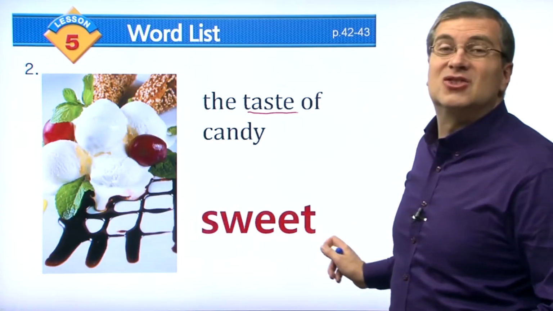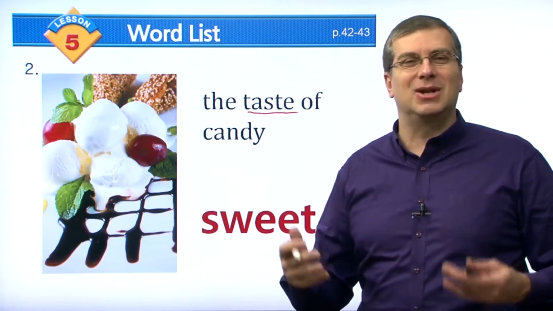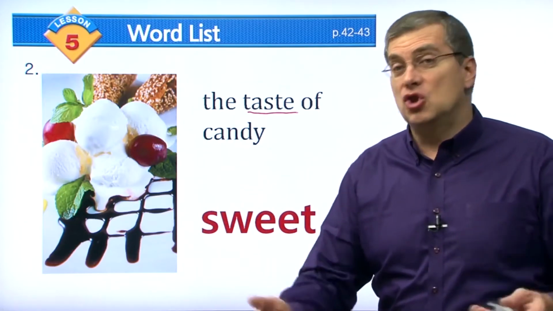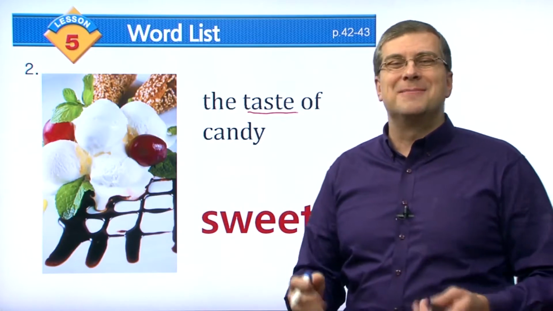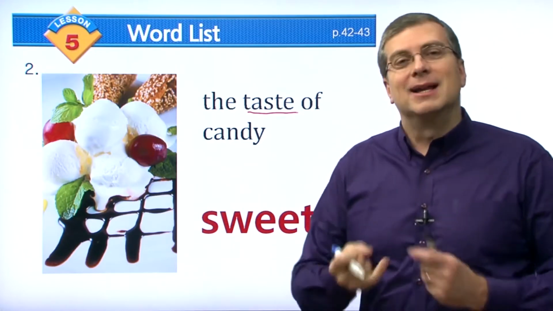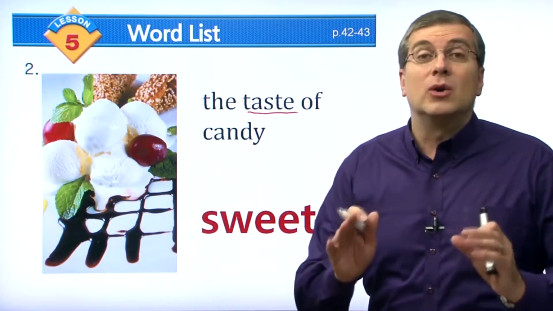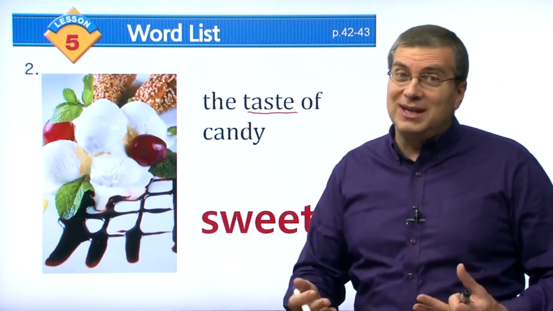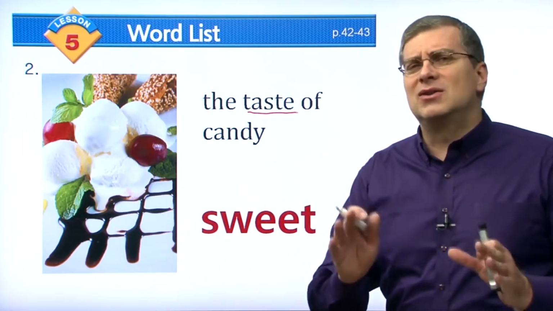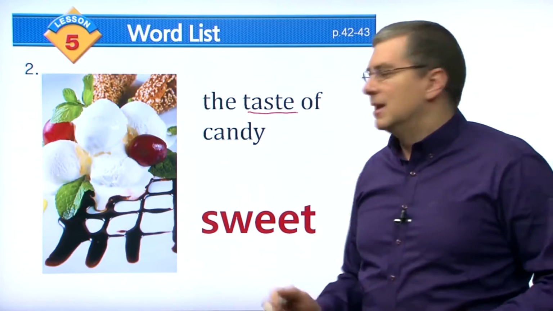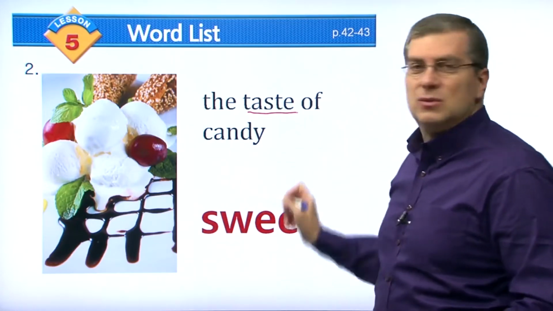It tastes sweet. Things that have sugar in them taste sweet. We really like those things. Don't eat too much. I know it's sweet, it tastes good, but don't eat too much because it's bad for your teeth.